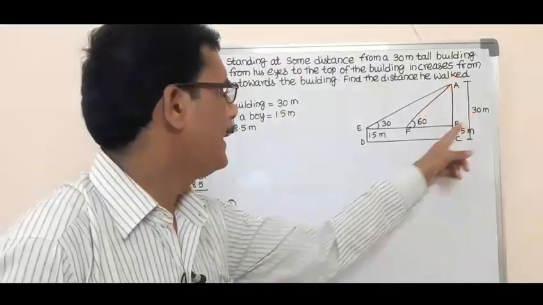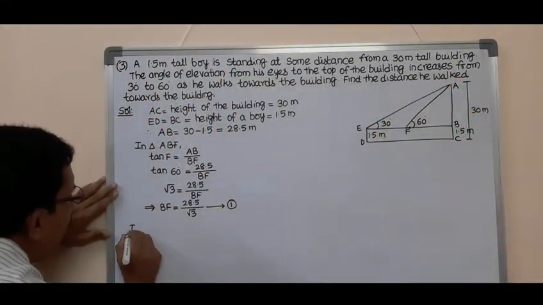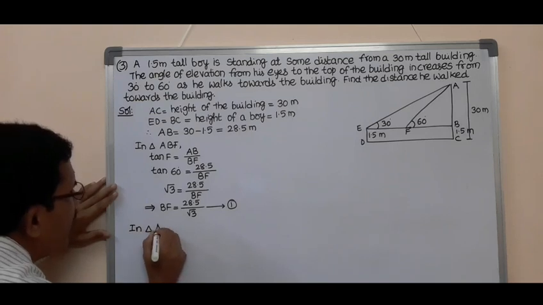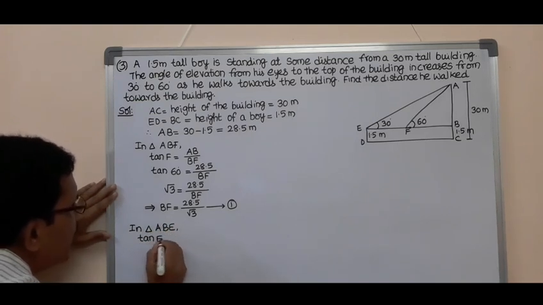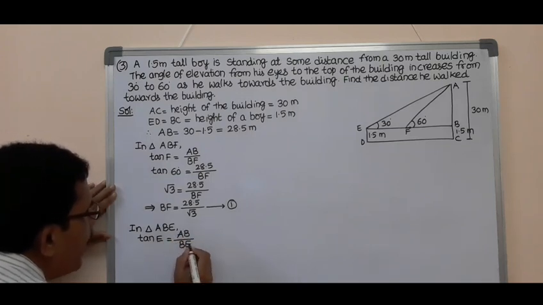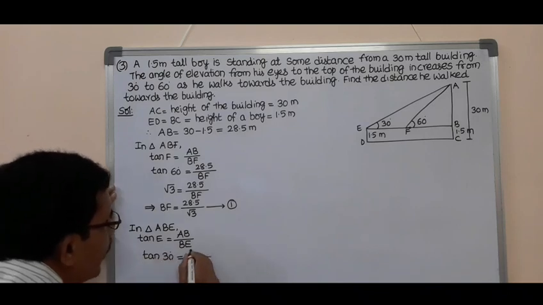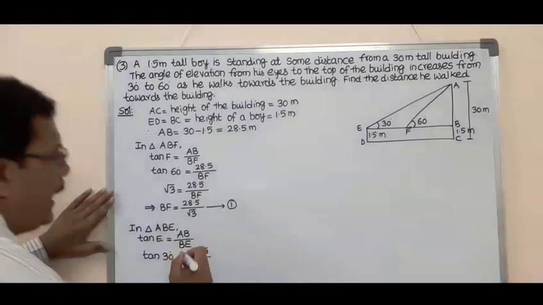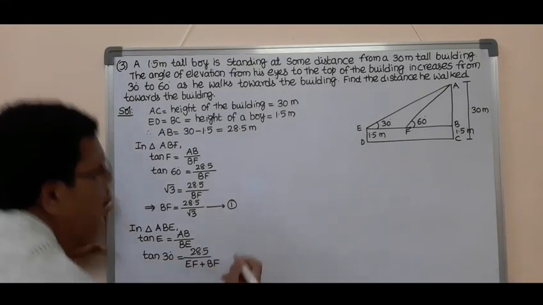Now here one more triangle is there, triangle ABE. We will take that triangle now. In triangle ABE, tan E is equal to AB by BE. Tan 30 degrees is equal to 28.5 by EF plus BF.